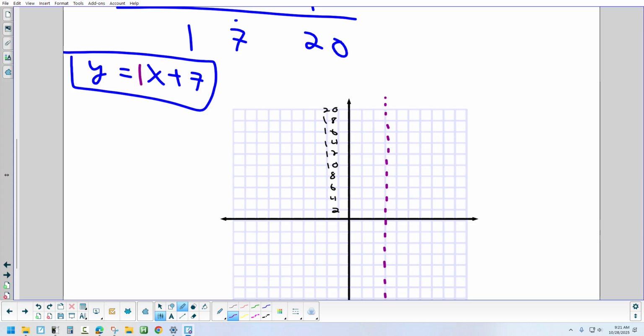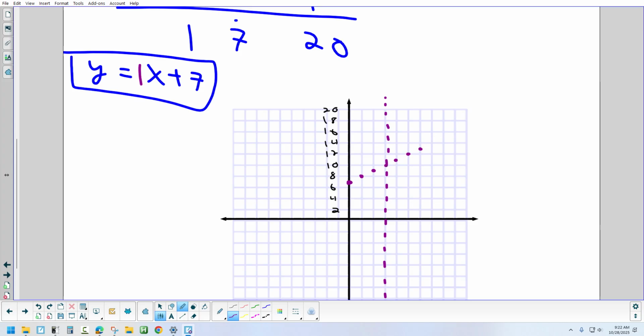Now the slant asymptote starts at 7, and the slope is 1. So I need to go up 1, right 1. If I go up 1, I'm at 8, right 1, I'm right there. It's a little weird sometimes when you go by a different scale, but just make sure you take your scale into account. Up 1 to 9, right 1.